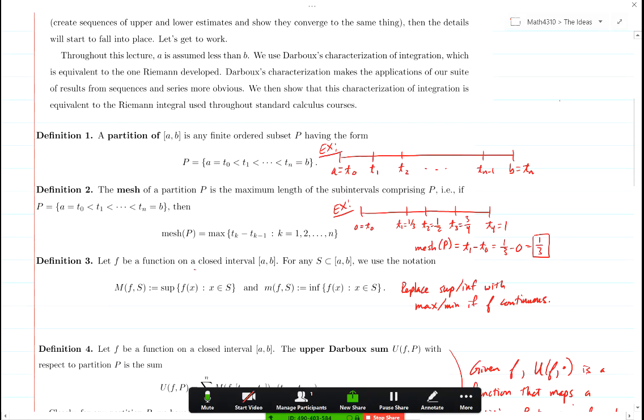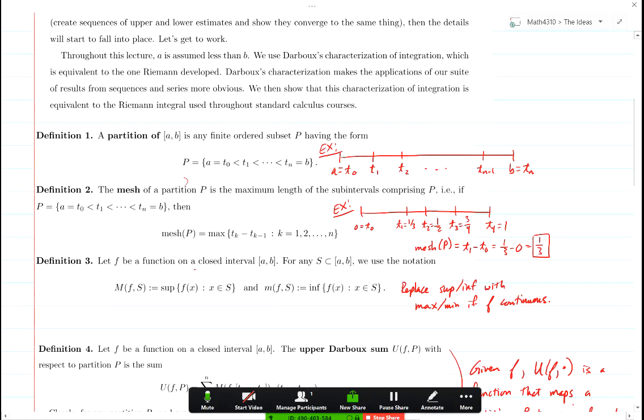In pictures, if I have the closed interval a to b, then a is t_0, and then I have the increasing t_1, t_2, and so on until I get to t_n, which is my right endpoint. Just the numbers are the partition.